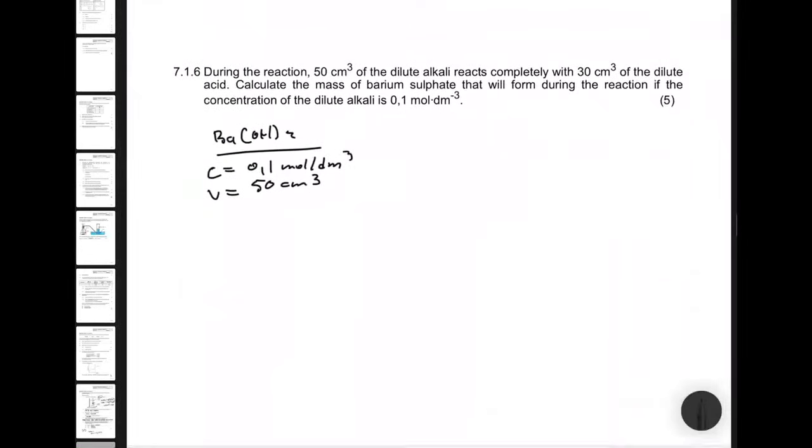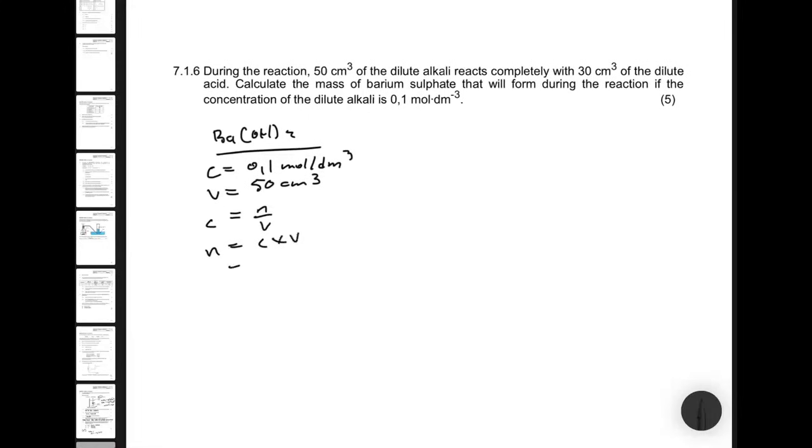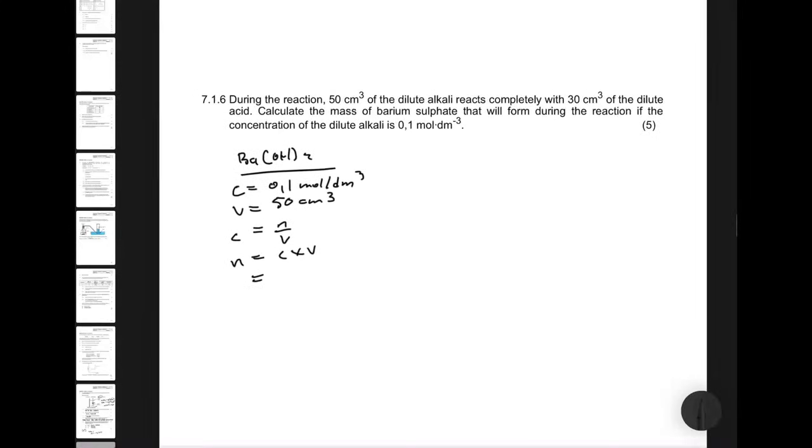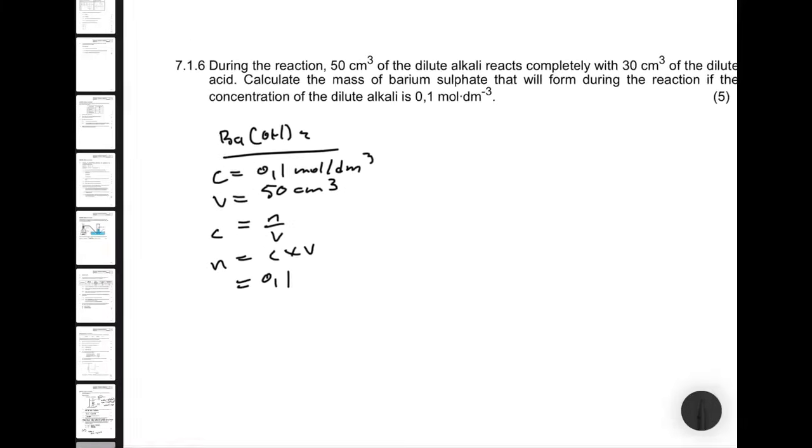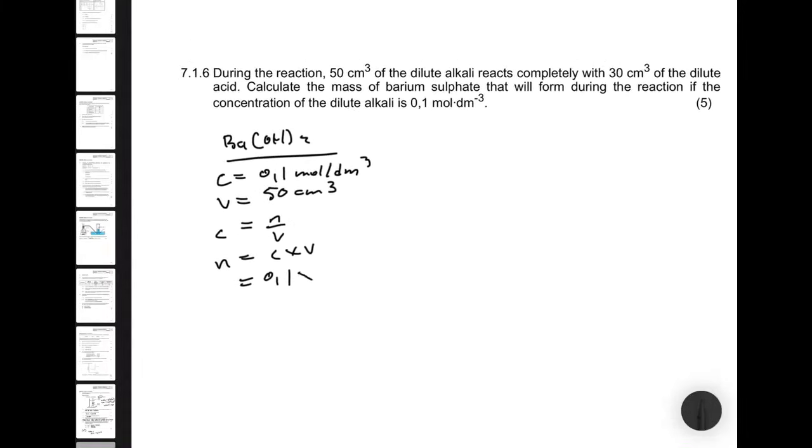So here we're gonna have the concentration is equal to the number of moles divided by the volume. If you make the number of moles the subject of the formula, you get concentration multiplied by volume. So what's the concentration? The concentration is 0.1, and what is the volume? The volume is 50 cm³, right? But we'll deal with dm³.